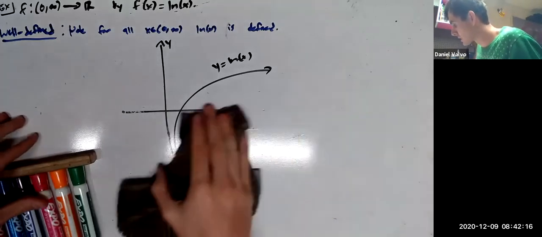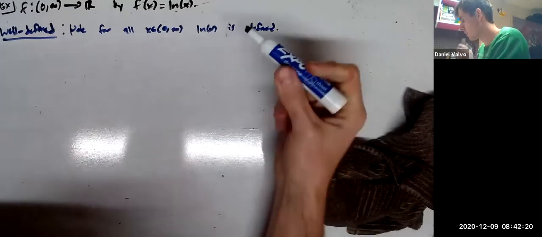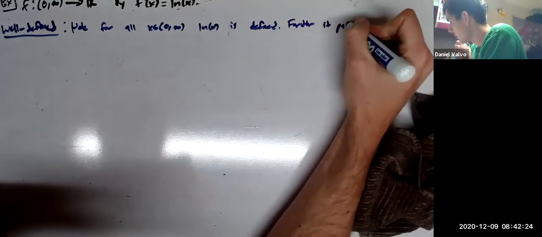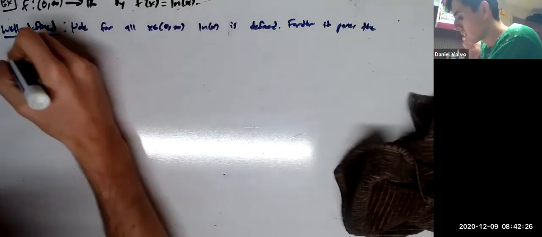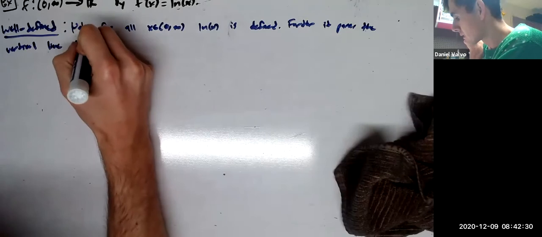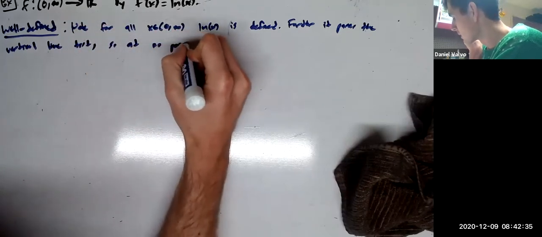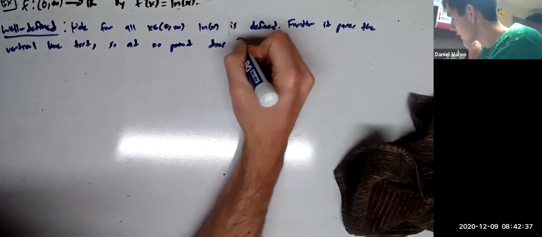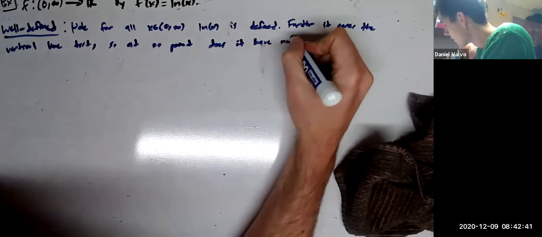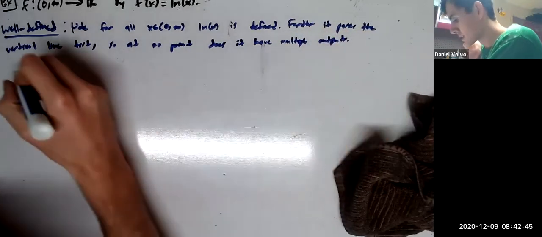So note, for all x in (0, infinity), ln of x is defined. Further, it passes the vertical line test. So at no point does it have multiple outputs.